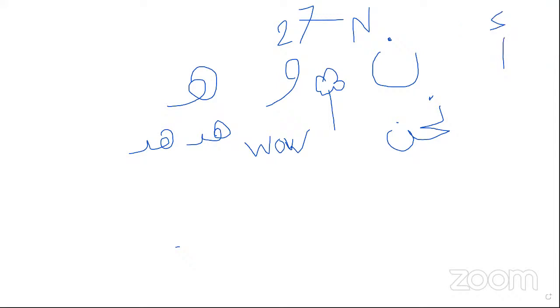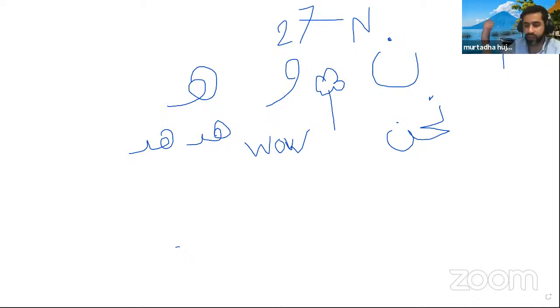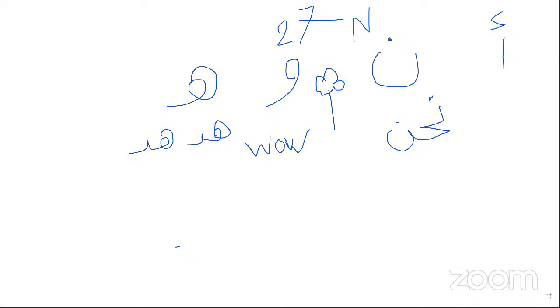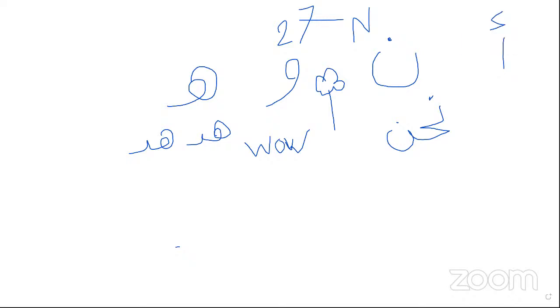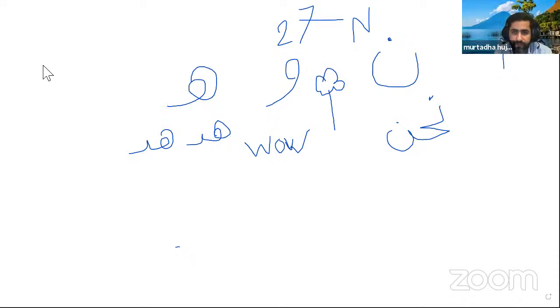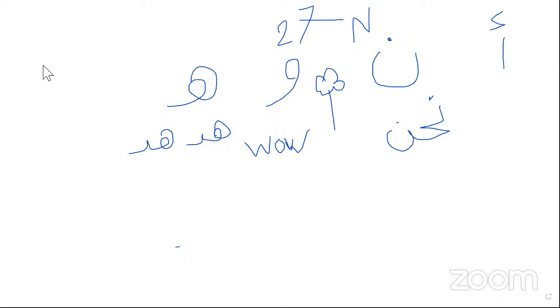Jawal means roaming. Oh, roaming. In Bahrain we will say mobile or telephone. Mobile is even easy. Telephone we say.